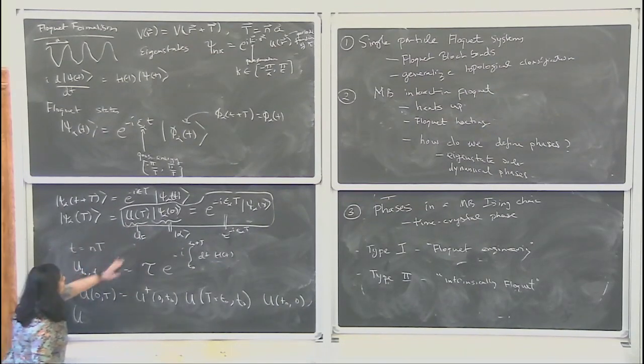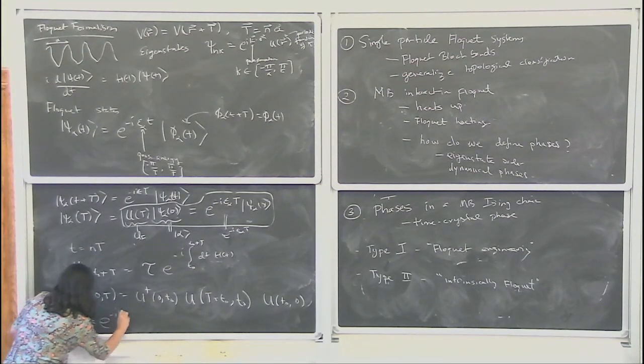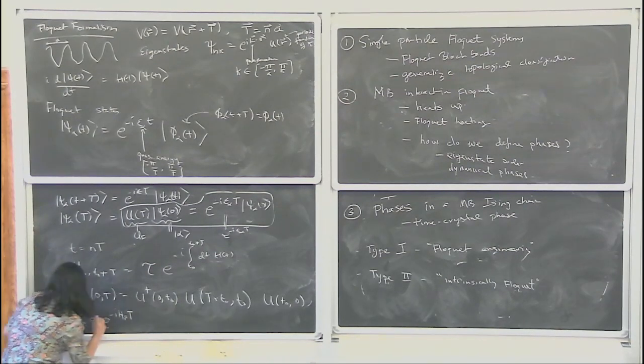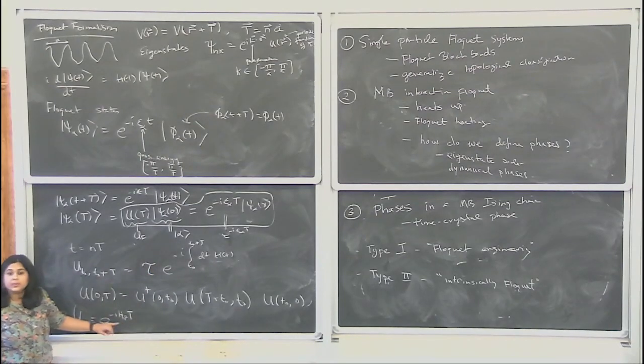So this object is going to be called U Floquet, and I can use this to define a Floquet Hamiltonian, which is defined as so. Okay, so formally I can always do this, and H Floquet is a Hermitian operator. Okay, but actually I have huge freedom in defining H Floquet. So you can imagine that, if I've defined H Floquet in this way, yeah.